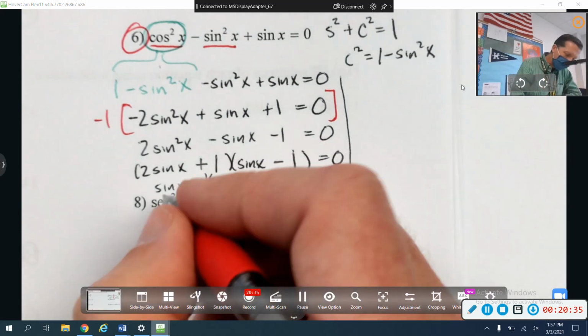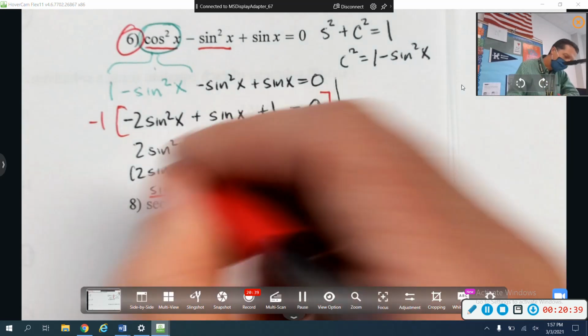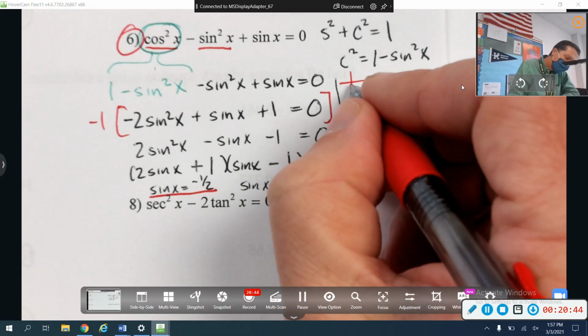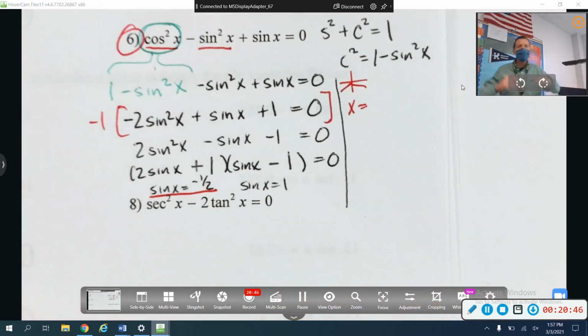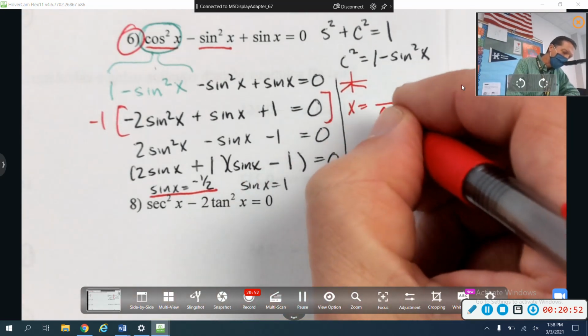Let's see, I'm trying to color code my answers here. So if sine of x equals -1/2, that means that x is equal to, see, sine is negative in the down quadrants, so 3 and 4. Sine's 1/2, the reference angle is pi over 6.